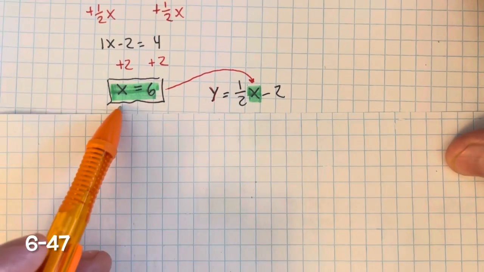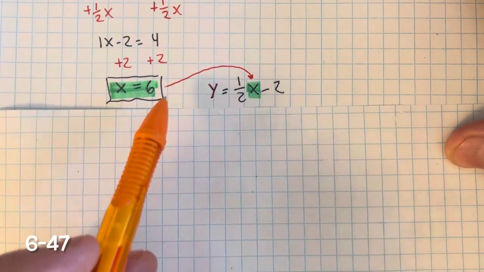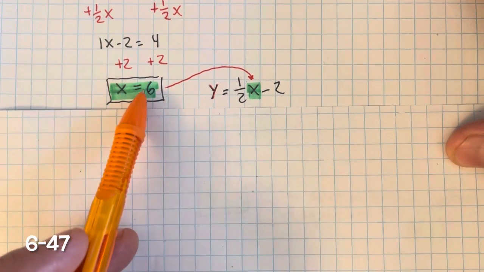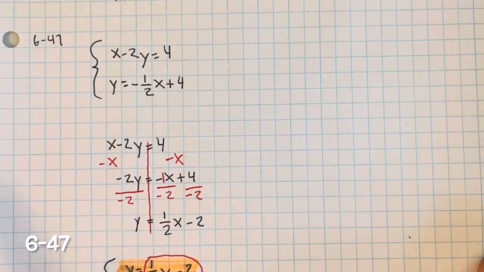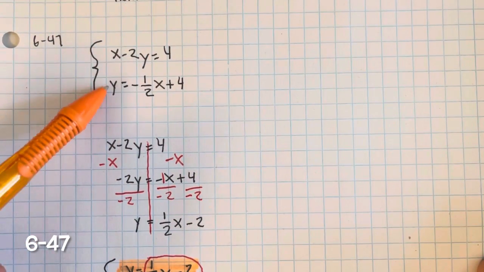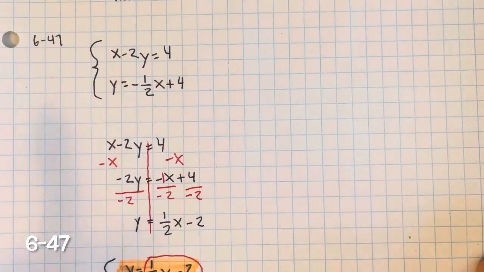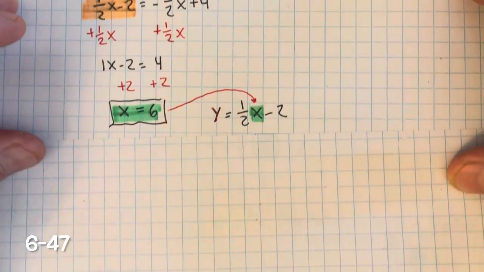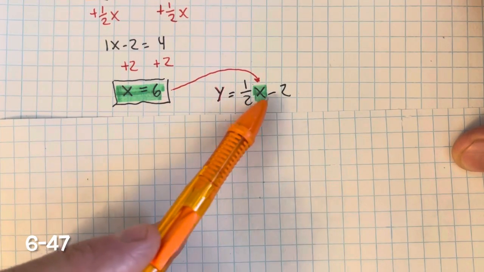So that's one part of our solution to our system. We found the value of x, but now we need to find the value of y. And so I can plug x back into either of these equations. And it doesn't matter which one I plug it into. So I chose y equals 1/2 x minus 2.